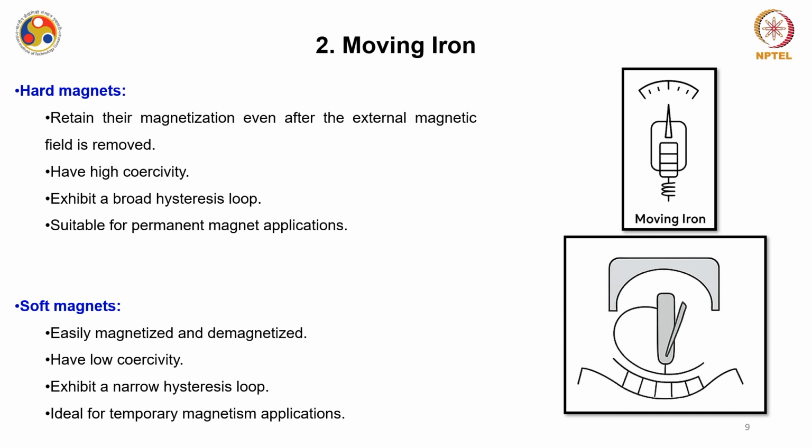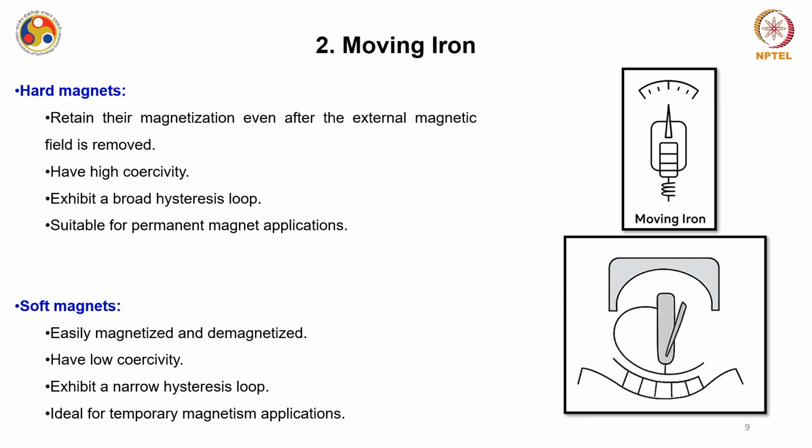These hard magnets have high coercivity. They exhibit a broader hysteresis loop because of this higher magnetic coercivity and other factors. That's why they are suitable for permanent magnet applications, but not for this kind of application. Here we have intentionally used soft magnetic material because it can be easily magnetized and demagnetized.